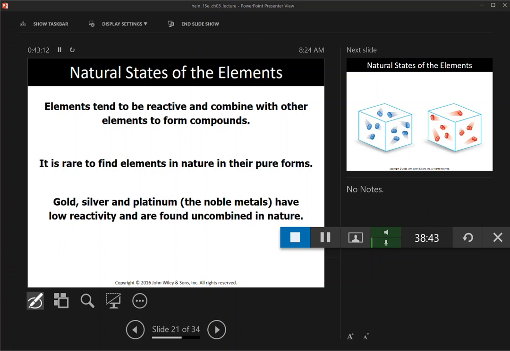Since they're unreactive, meaning that, let's say in nature, on Earth, in the soil, they don't react with the oxygen in the air. If metals react with the oxygen in the air or humidity, they form metal oxides. That's corrosion, so that's not favorable. But gold, silver, and platinum are the most unreactive metals.